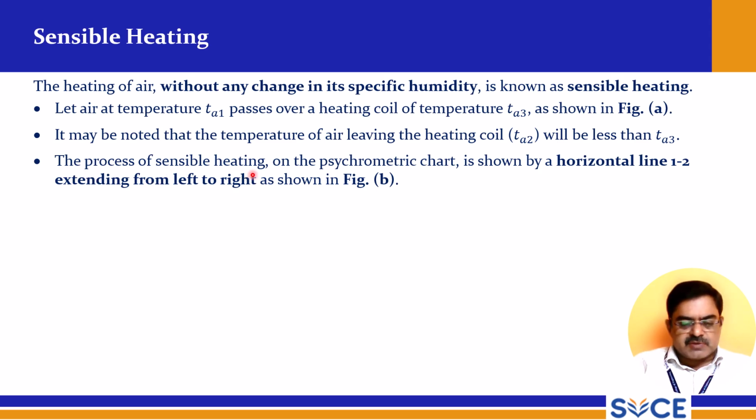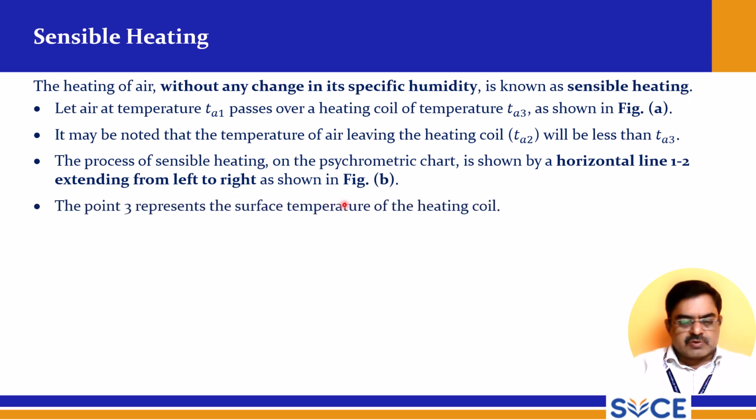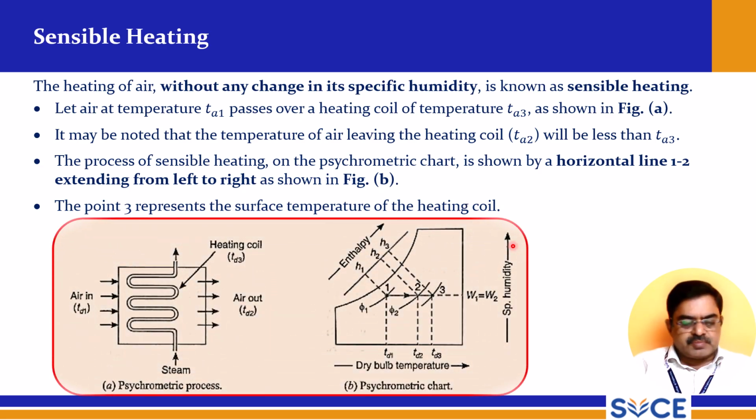The process of sensible heating on the psychrometric chart is shown by a horizontal line 1 to 2 extending from left to right as shown in figure B. The point 3 represents the surface temperature of the heating coil. So this is the diagram, and this is the heating coil.